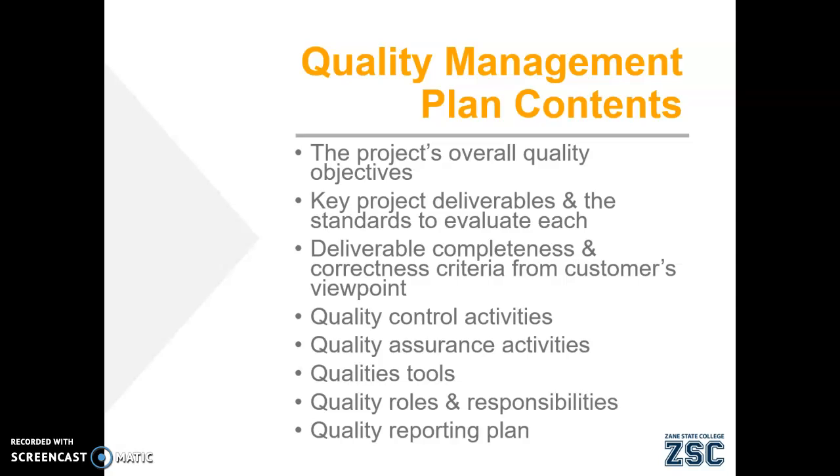So it will include the overall quality objectives, the key deliverables, and the standards that are used to evaluate each of them, standards for completeness and correctness, usually from the customer's point of view, quality control activities, things that can be done throughout the entire process to assure that the final deliverable will be of high quality. The activities that will be done in order to assure quality deliverables.